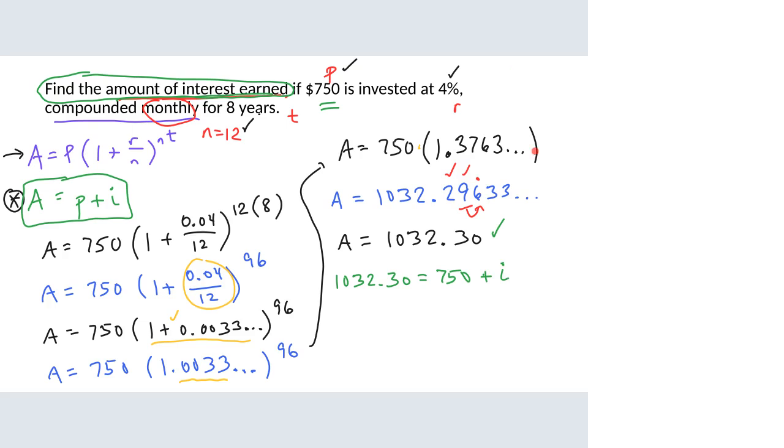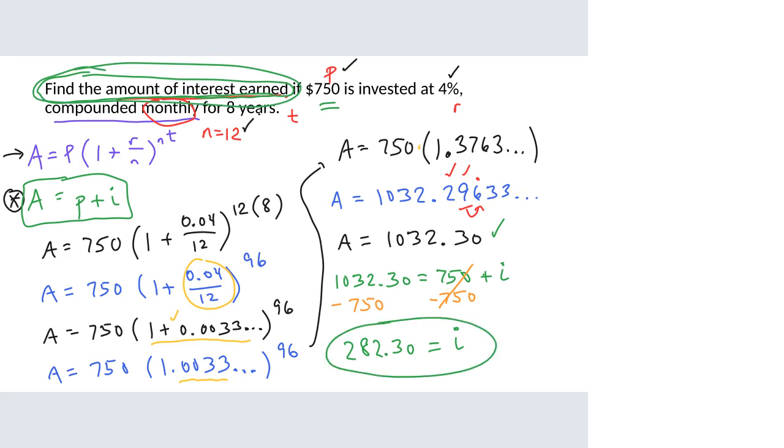All we'll need to do here is subtract 750 from the right, subtract 750 from the left. When we do that, we find out that the amount of interest that was earned here is $282.30. And because the question said find the amount of interest that was earned, that's the answer to our question.